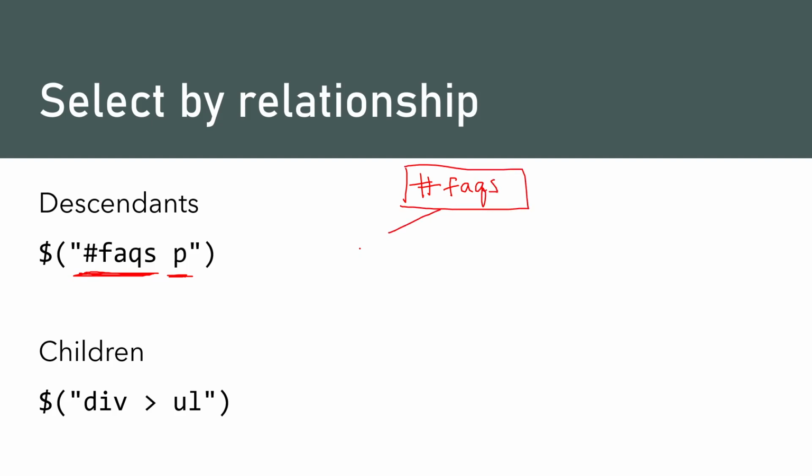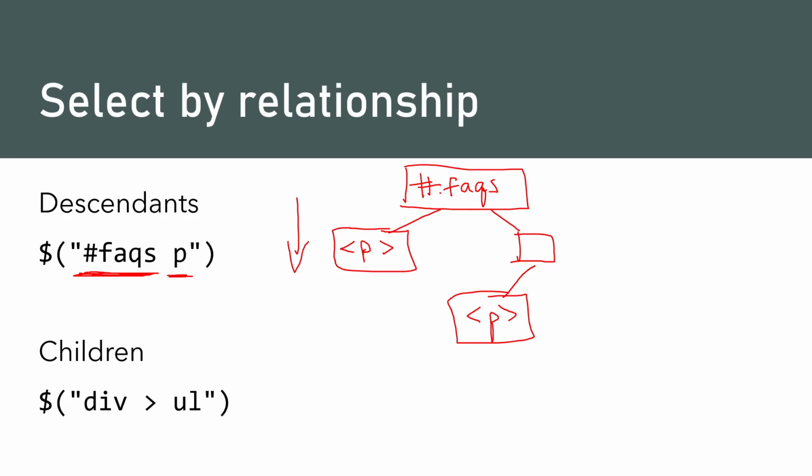It could be a direct descendant, some element with a paragraph tag, but it could also be any further descendants as well. So anything directly connected to and lower than the element with ID FAQs, any of those paragraph elements, they will all be selected by this.